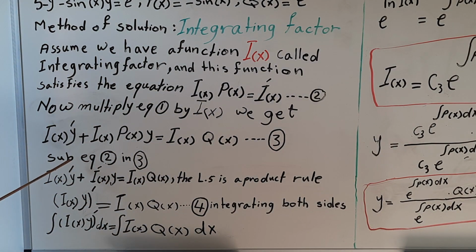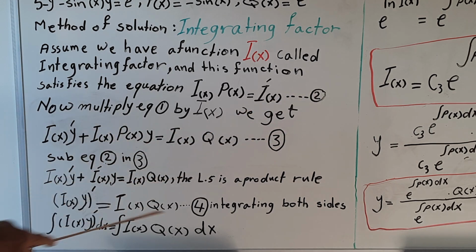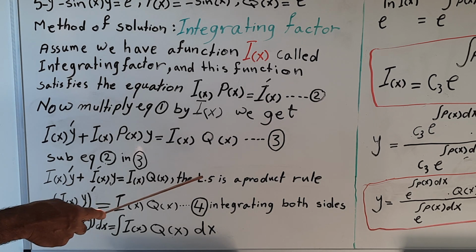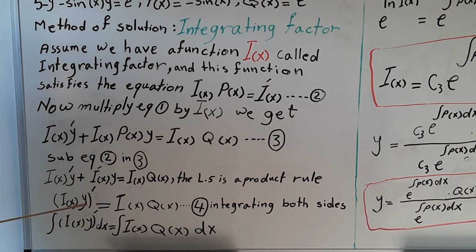So we substitute equations 2 and 3, this equation and this one. So we get this equation. If we check the left side, this side is a product rule.